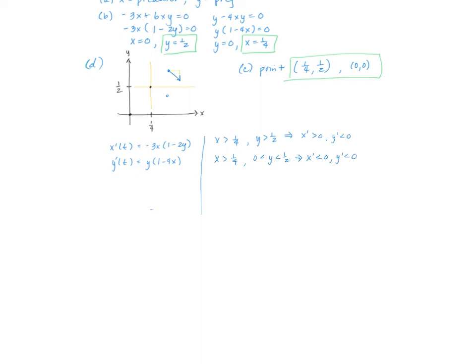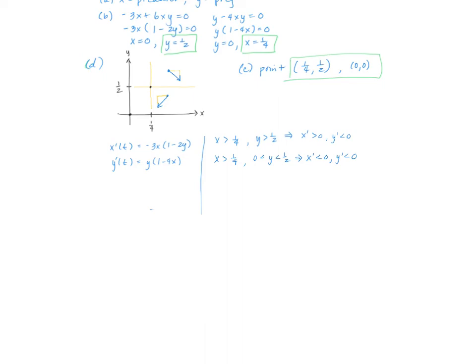So we'll pick some point where the x's are greater than 1/4, but the y's are between 0 and 1/2. And we'll note that the x value is negative, which means we're going to go to the left, and the y value is negative, which means we're going to go down and draw a vector. So that would be the direction of the vectors in that region.